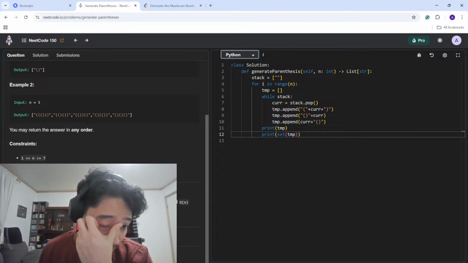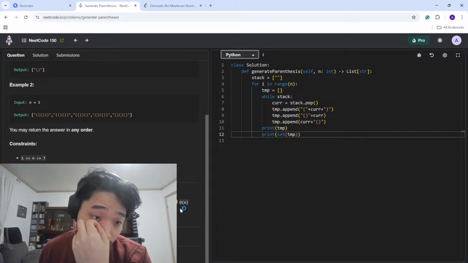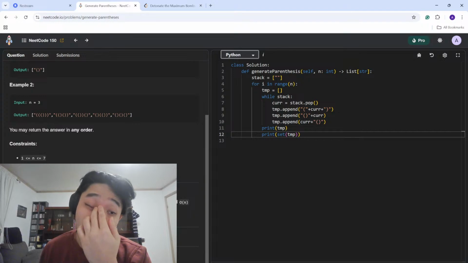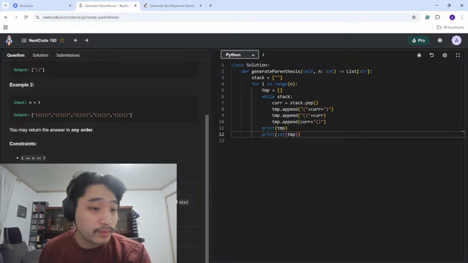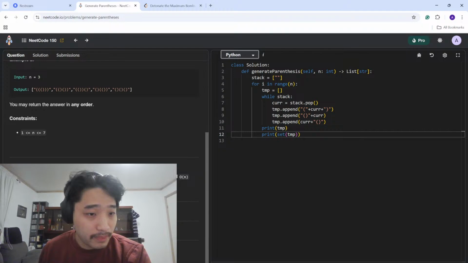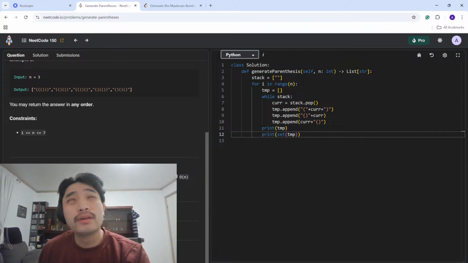So yeah, we can already see this has a really high runtime. I would say so. Yeah, it's pretty damn high. Or wait a second, square root.